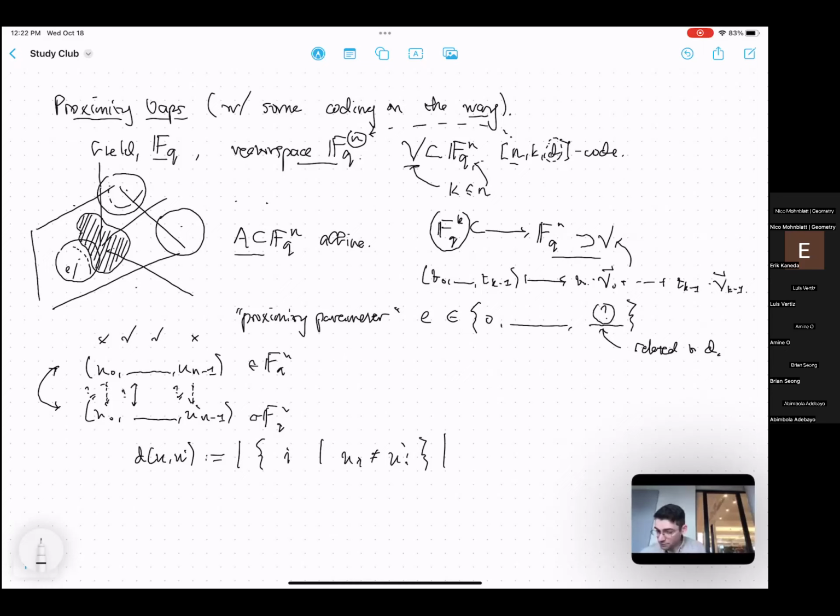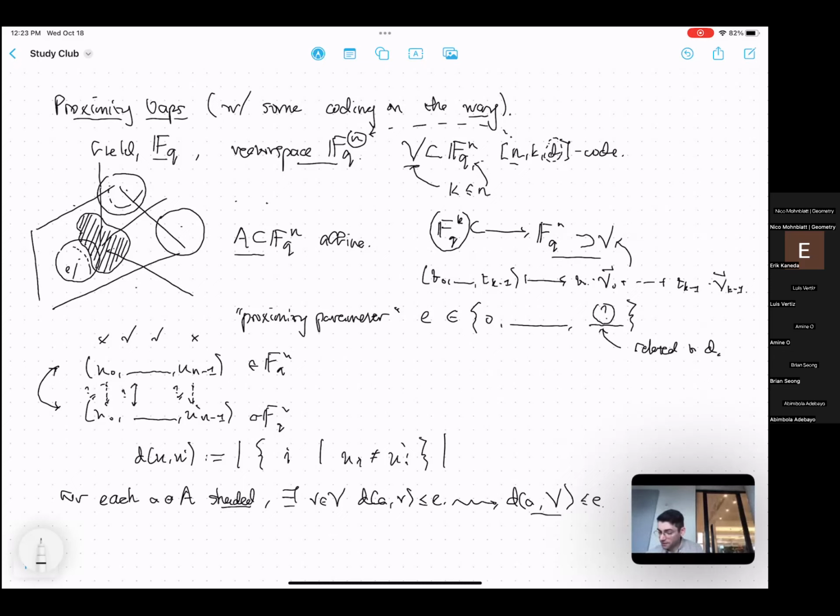Okay, so each point A in the shaded region, there exists a V in the code such that the distance between A and V is less than or equal to E, which is the same as saying that the distance between A and the code is less than or equal to E, by definition, by the way.